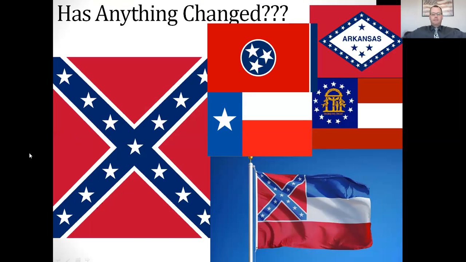All I'll say is these are some flags of states today. And you'll see that we have a lot of Confederate connections. We have a lot of the same colors, although we could argue that they're American flag colors too. The Confederate flag, which I did go over in one of the other videos, to many in the South is about freedom.